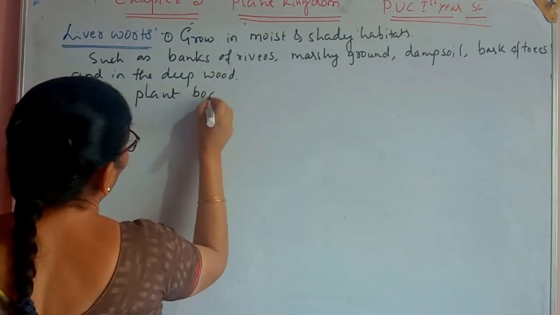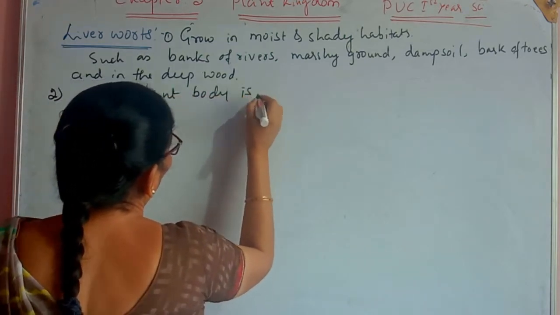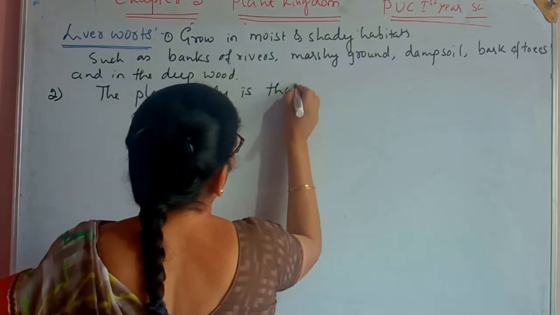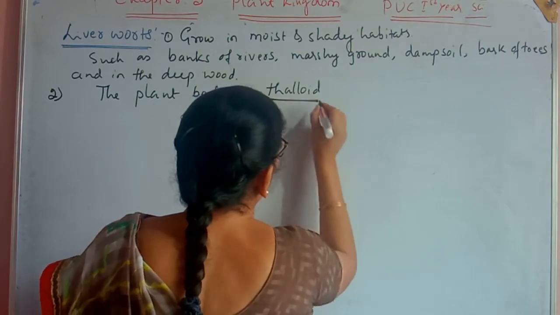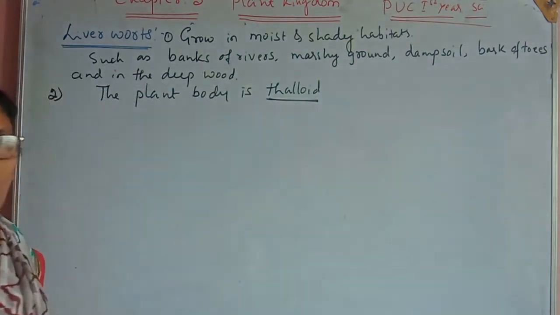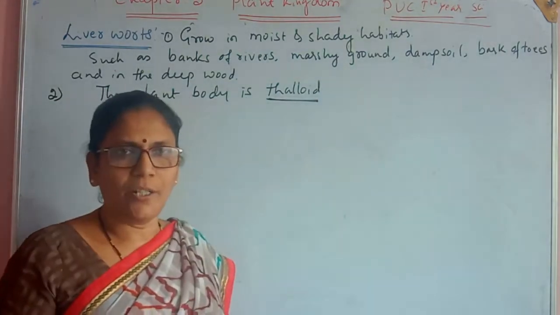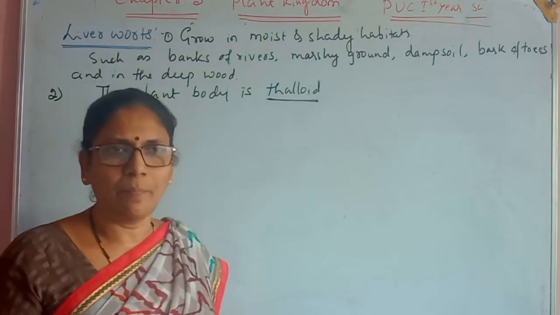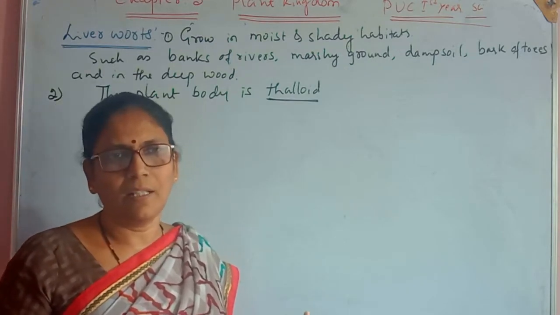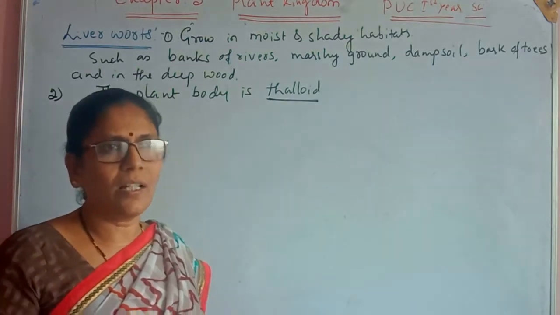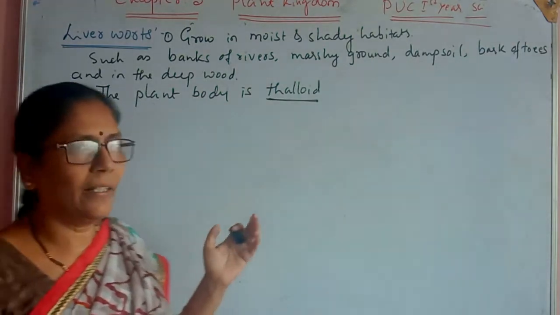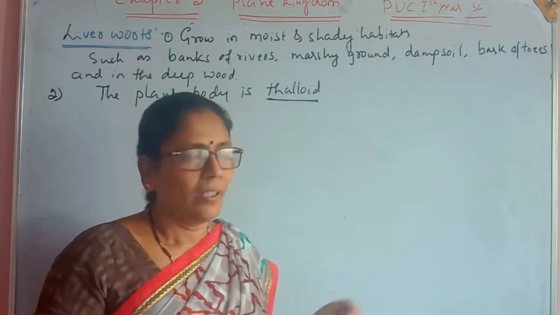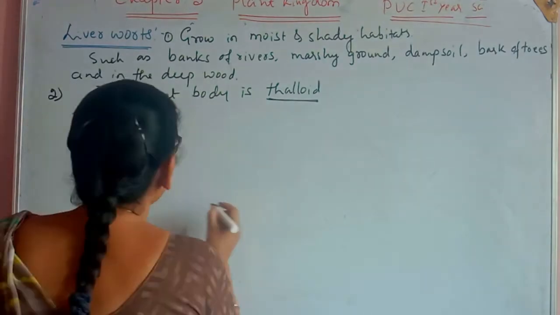Plant body is thalloid or thallus, which means the body is not differentiated into root, stem, leaves, etc. So it's an undifferentiated body. Such a body is called thalloid.